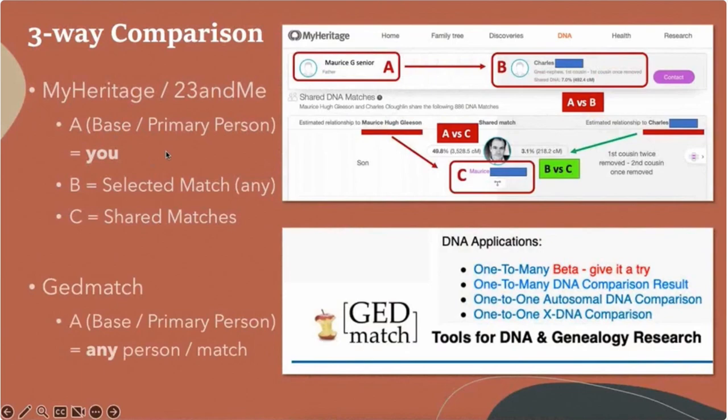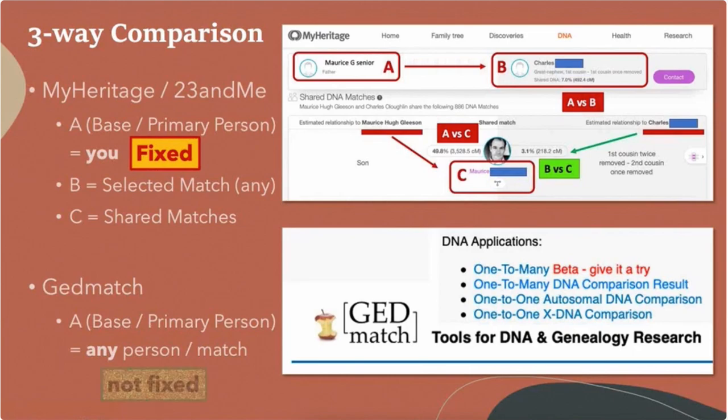The base person is fixed, so it's only you and the matches that match you that are involved in this three-way comparison. But on GEDmatch, you can change the base person to absolutely any match in the other person's list of matches, and in their list of matches, and so on.